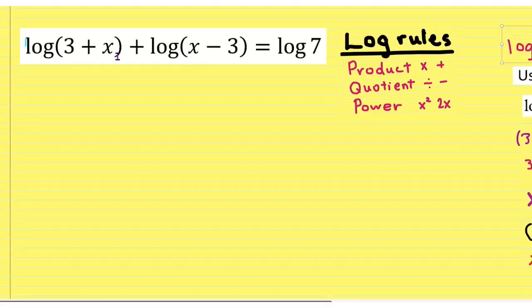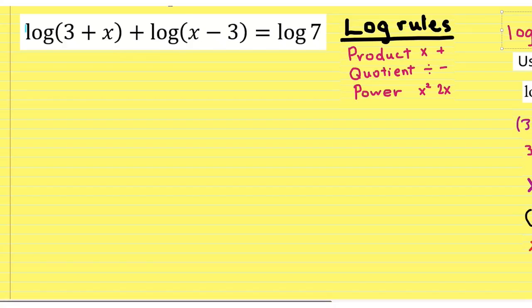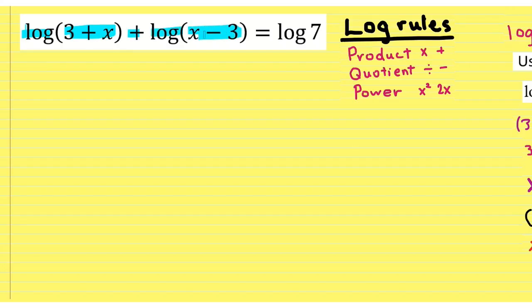Our next and last problem for this video says we have log of 3 plus x plus log of x minus 3 is equal to log of 7. Again, we have a sum here, and if we have a sum, we should be able to use the product rule.